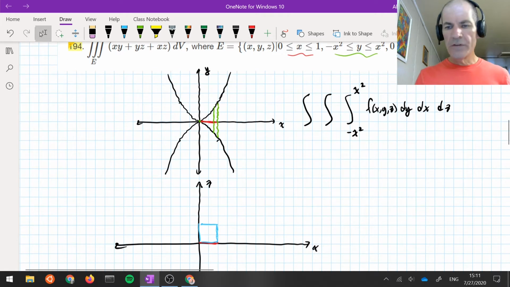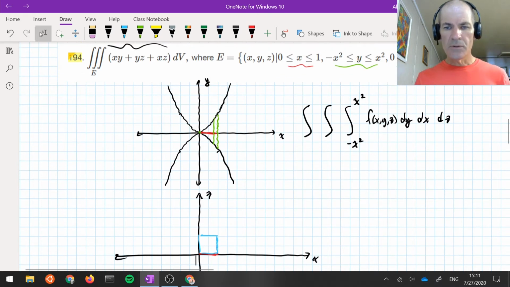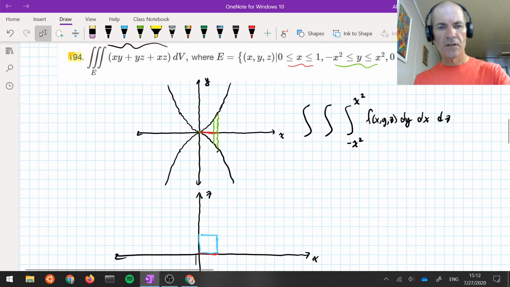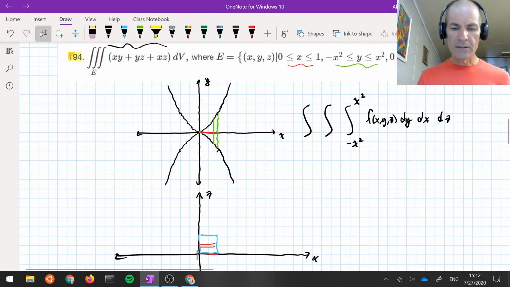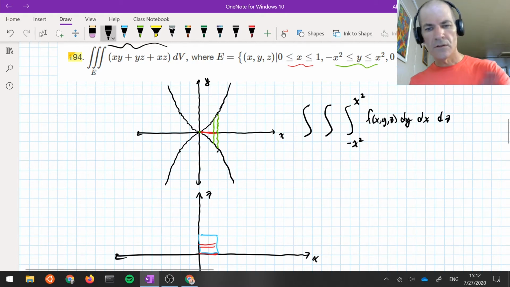We've decided somewhat arbitrarily to integrate with respect to x now. What does x do inside of this region? X we're going to represent by lines parallel to the x-axis. Those lines always start at 0 and always end at 1. So those limits on x are going to be 0 to 1.